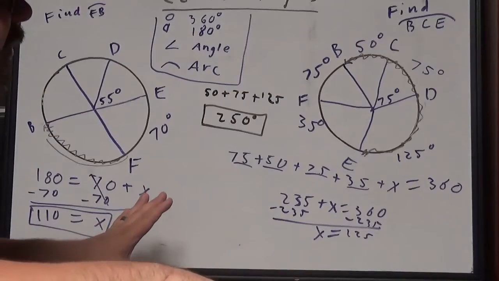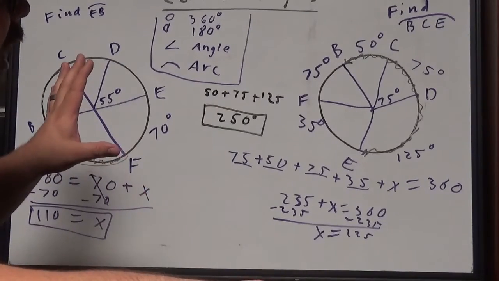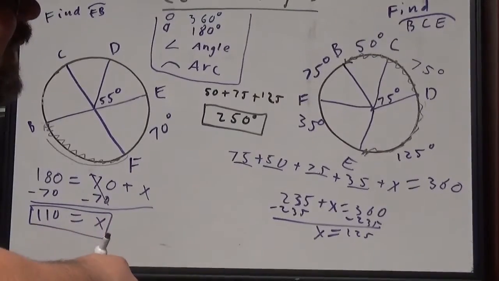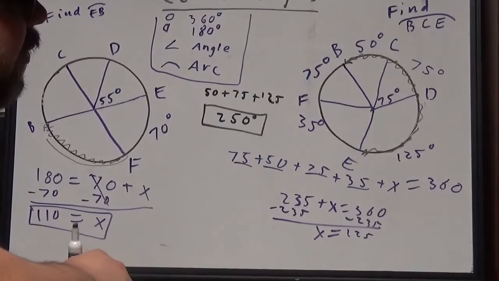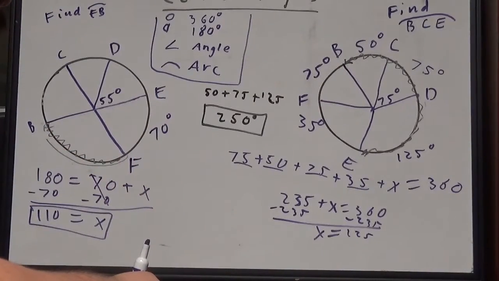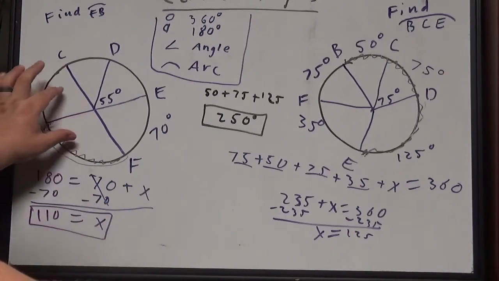Last thing I want to say about this is, notice how it says find BCE. It wants to know that whole arc. I want to make something clear. I'll start on this one.